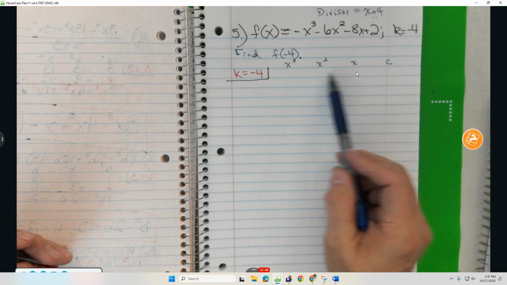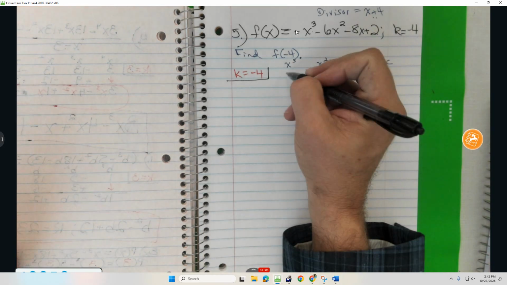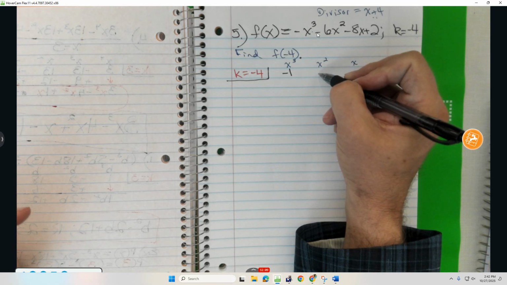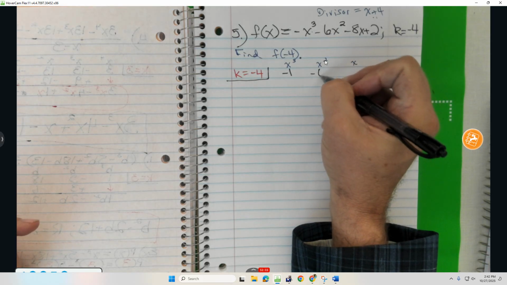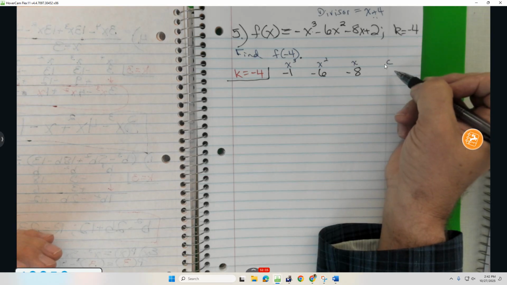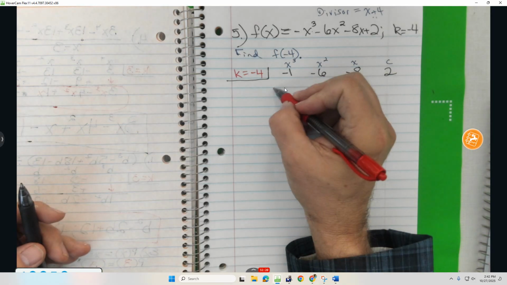Call out the numbers I have across here. Call out the leading coefficients. We'll start here. Negative 1, I agree. Here, negative 6. Here, negative 8. And 2. Okay. Then we skip a line.